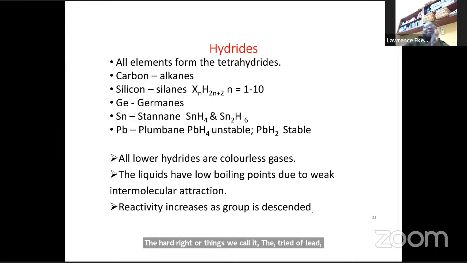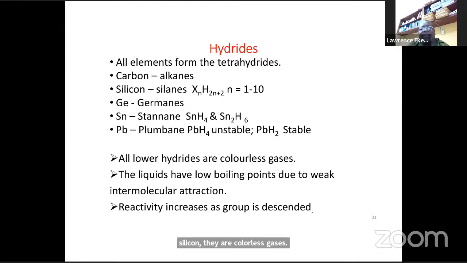So these hydrides are tetrahydrides in nature, and all of them have their peculiar formulas and their peculiar names. All the lower hydrides, like the hydrides of carbon or silicon, are colorless gases.